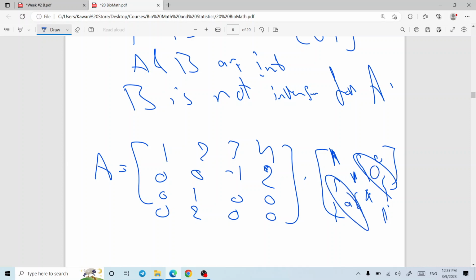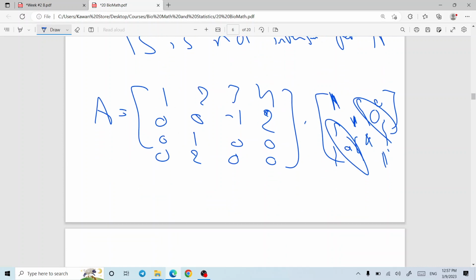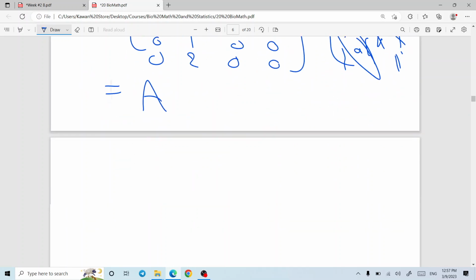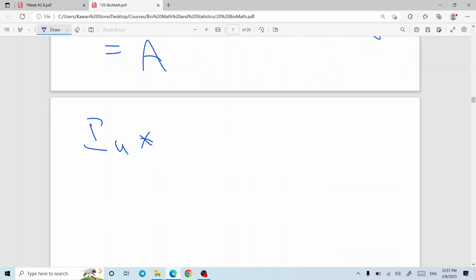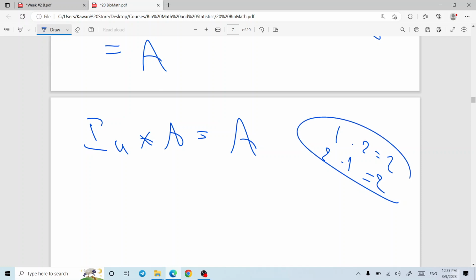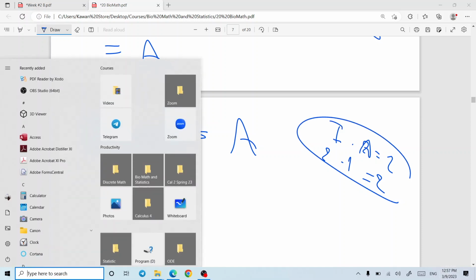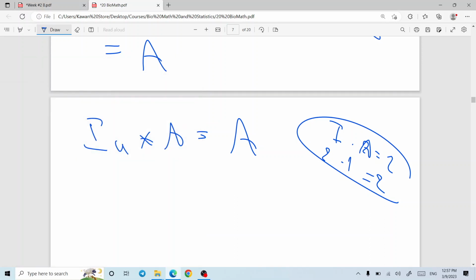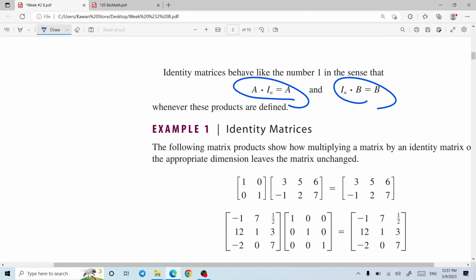So you don't need to multiply each by 1. 100% you will get A. How about I4 multiplied by A? 100% again I will get A. Why? Like a number. If I say 1 by 2, I will get 2. If I say 2 by 1, of course I will get 2. So 1 here is like identity, 2 is like a matrix. Understood here? Clear, good. So these are the two concepts for today.